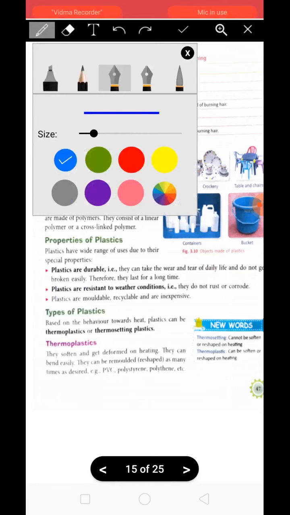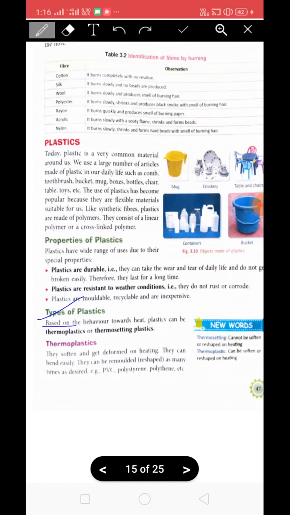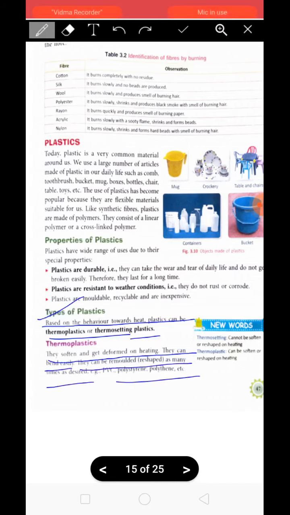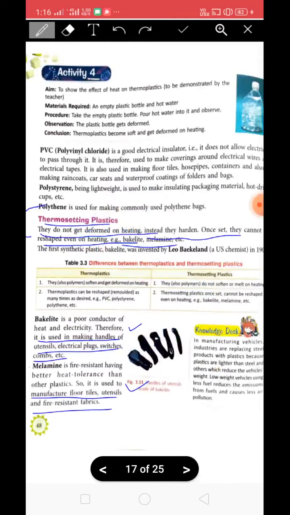See over here, types of plastic. Based on the behavior toward heat, plastic can be thermoplastic or thermosetting. Thermoplastics soften and get deformed on heating. They can bend easily. They can be remolded as many times as we desire. Example, polythene and polystyrene.